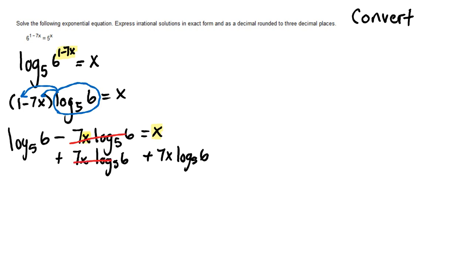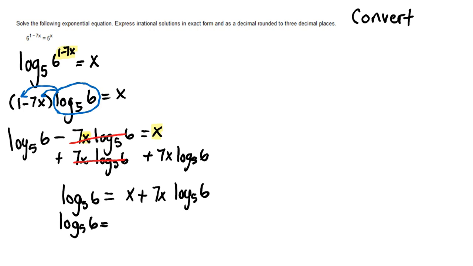That's going to cancel out on the left, leaving me with log base 5 of 6 equals x plus 7x log base 5 of 6. From there, I'm going to factor out the x. When I factor out the x, I'm left with 1 plus 7 log base 5 of 6.